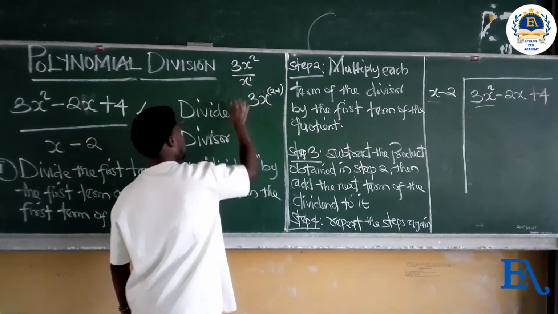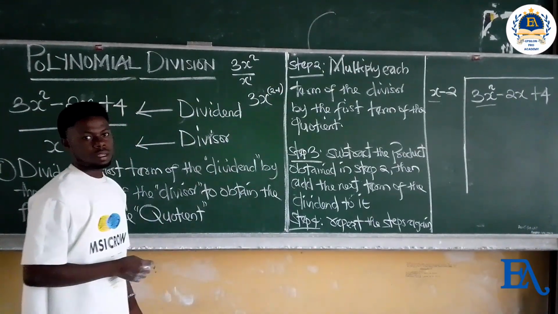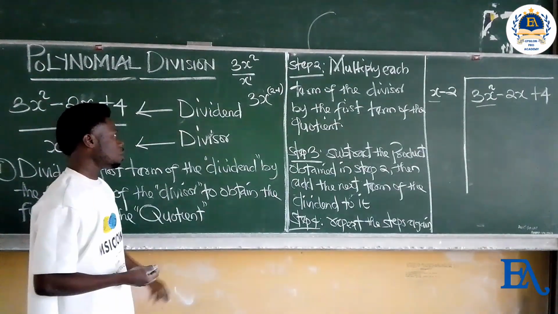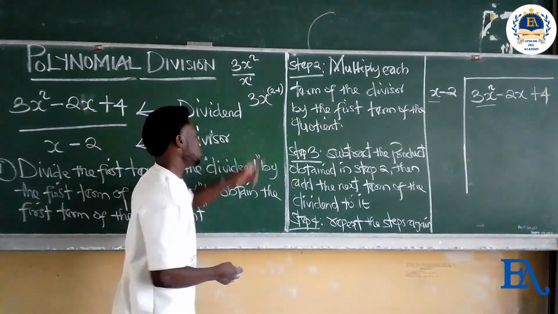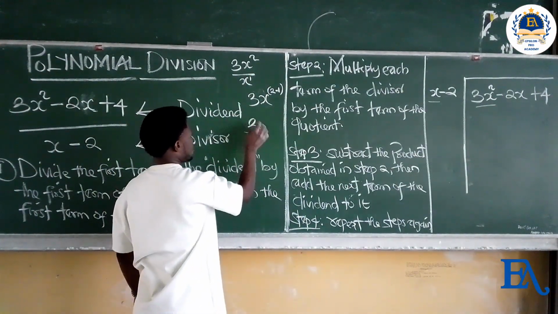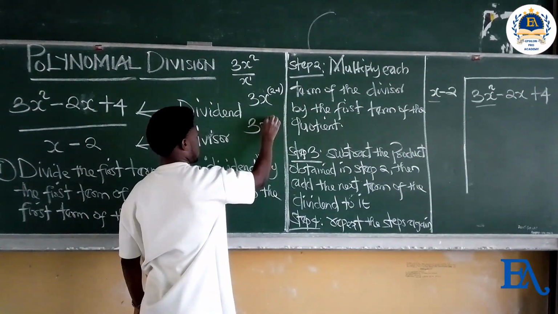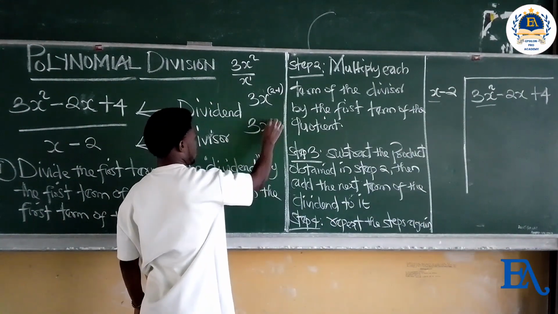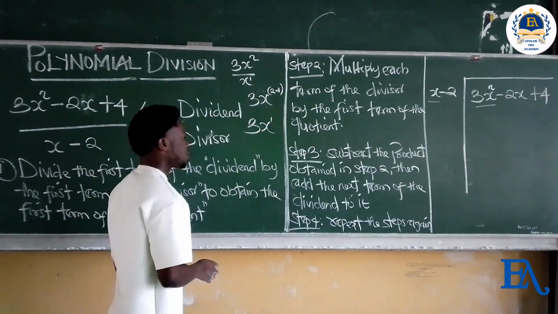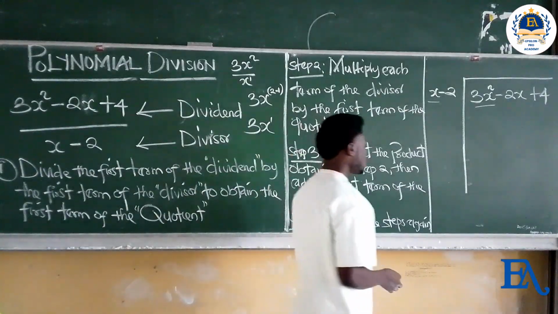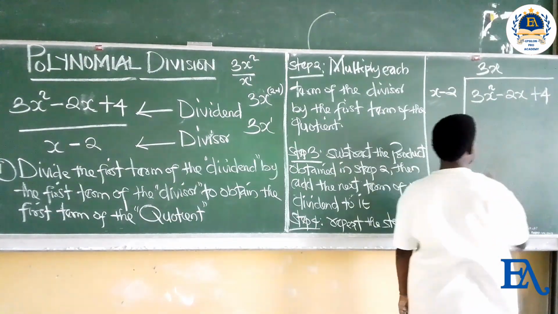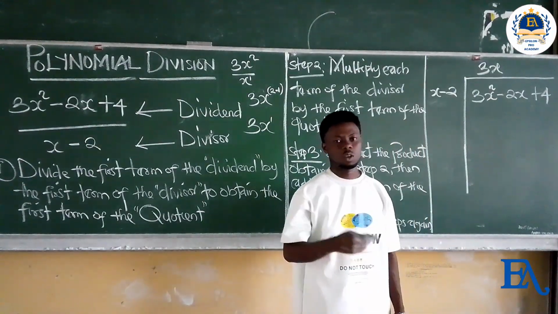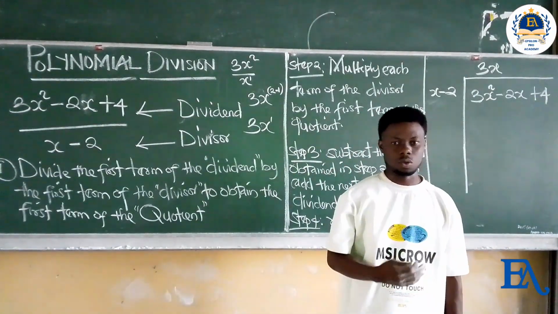There is an invisible 1 as a power of the divisor. So it will become 2 minus 1, and that will yield 3x raised to the power of 1, which is 3x. So we are going to obtain 3x, which is the first term of the quotient.